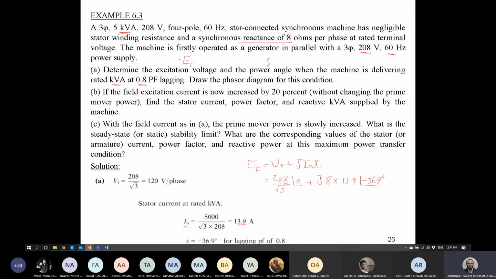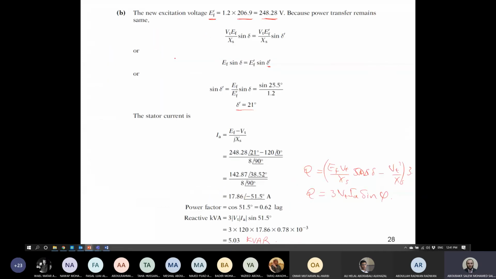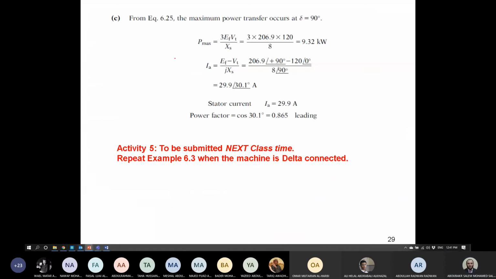From these data, we need to calculate IA, power factor, and reactive power. At delta equal to 90, we can calculate the maximum power: P max equals 3 EF V terminal over XS.